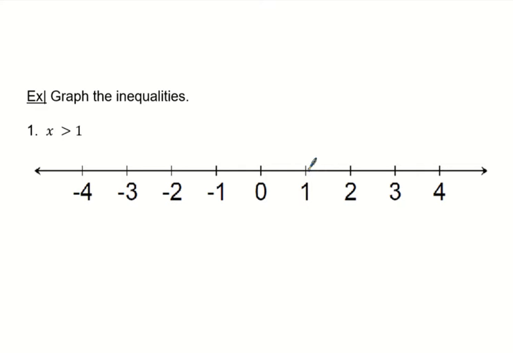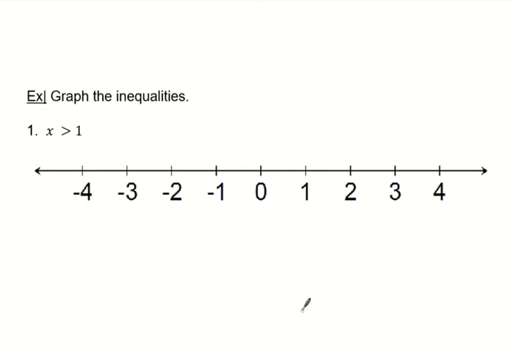Heck, what about 1.000000001? What about 1.00000000001? So how do we shade in everything to the right of 1, not just the 2 and the 3 and the 4, but we're not allowed to shade in to include the 1.